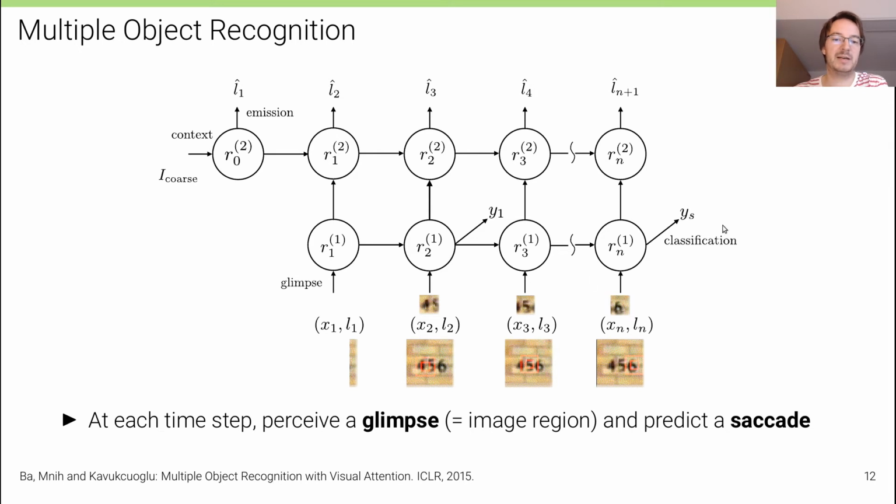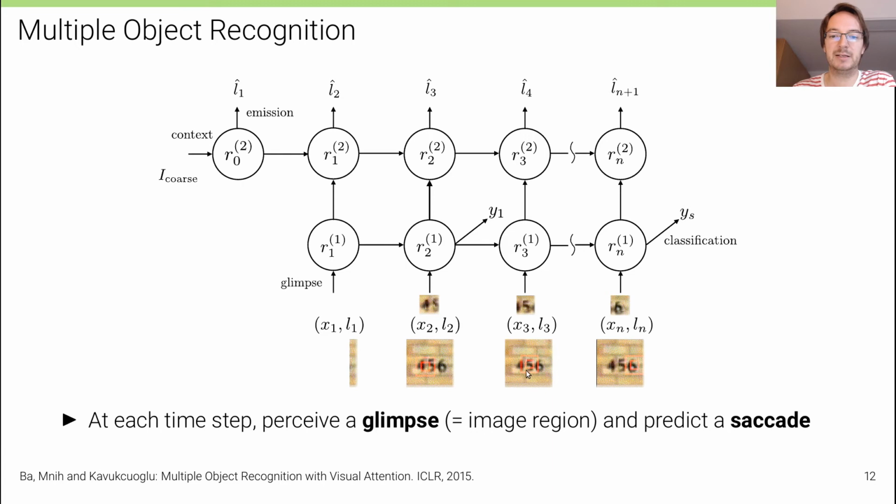So at each time step, the model perceives a glimpse, which is just another word for a small image region. For instance, in this case here, the model attends to this region and then perceives and processes that region at the time step. And then it predicts a saccade, L3. This is a location where the model should look next, most likely, to make the next prediction.